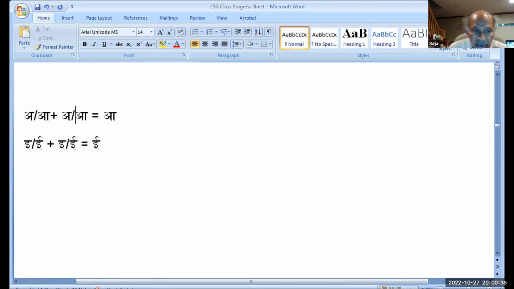If they are savarna, similar vowels, both of these vowels are replaced by the long vowel. When an "i" is added to itself, it's replaced by long "i". You said Hari plus Ishvara, Harishvara; Nandi plus Ishvara, Nandishvara.